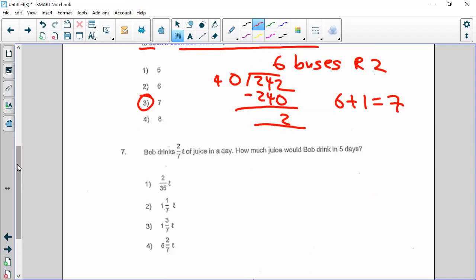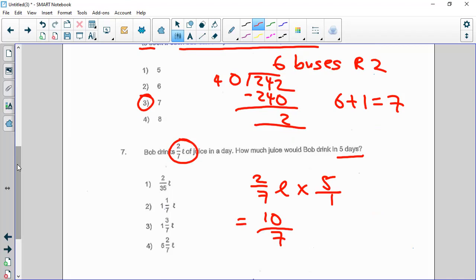So Bob drinks 2 over 7 liters in a day. So how much juice will Bob drink in 5 days? So you take 2 over 7 liters and you times 5 days. Now you have to change the whole number into a fraction. And then can you cancel? Cannot cancel, right? Then you multiply the numerators, 2 times 5, 7 times 1.